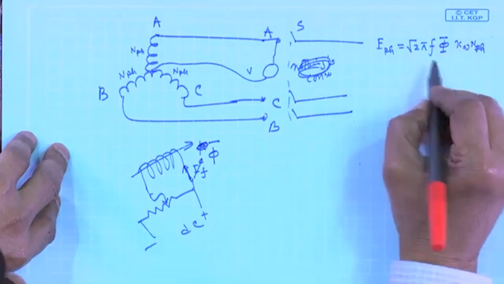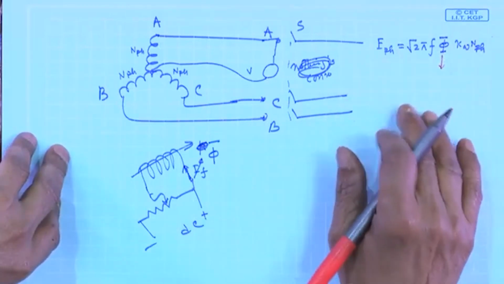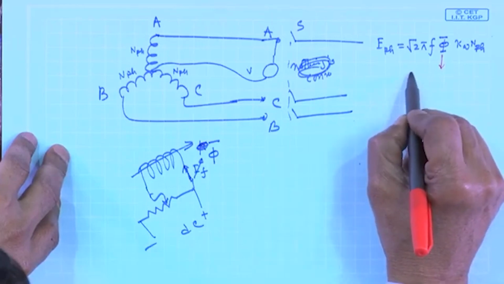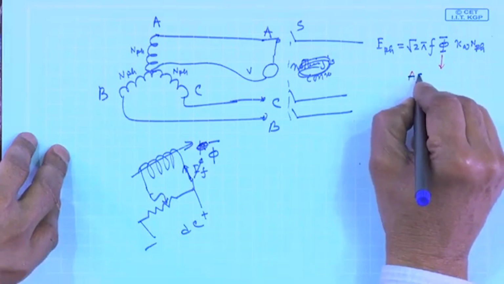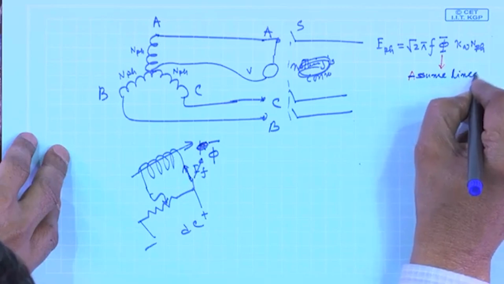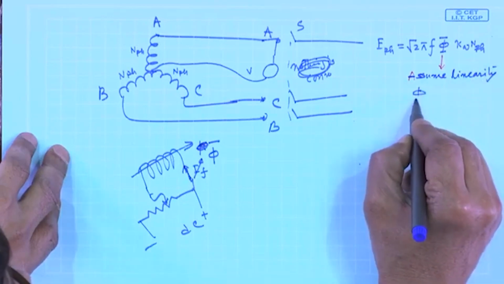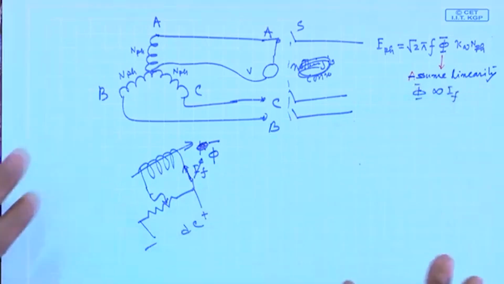And this phi, I will assume linearity, one important assumption I am making, assume linearity, so that flux per pole is directly proportional to IF, okay?